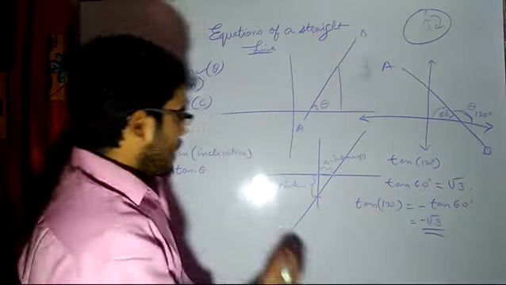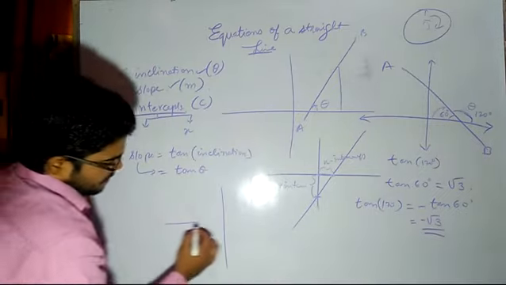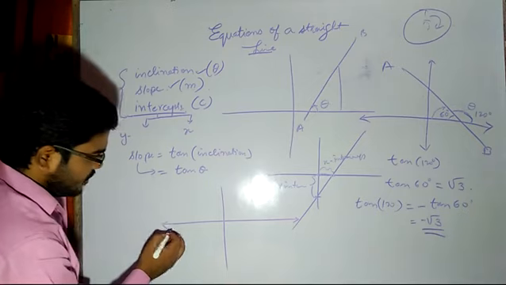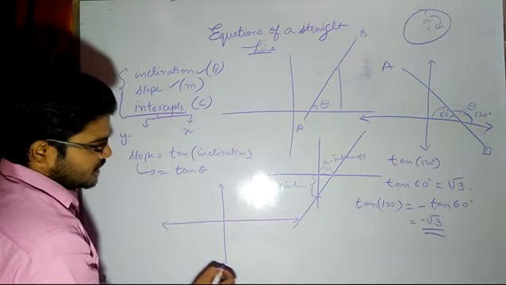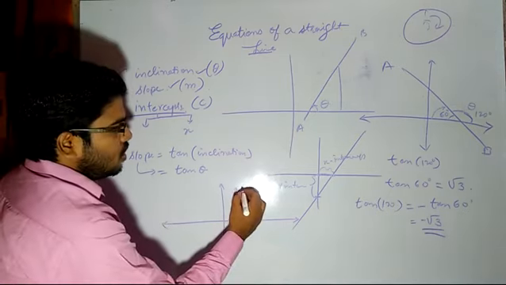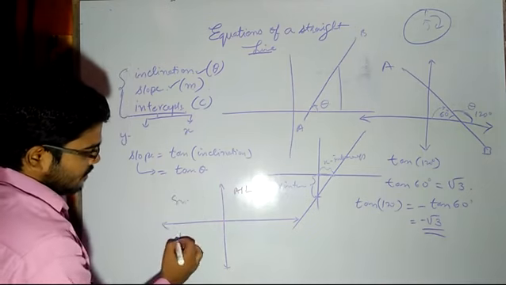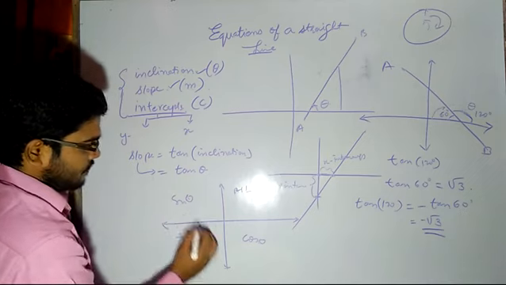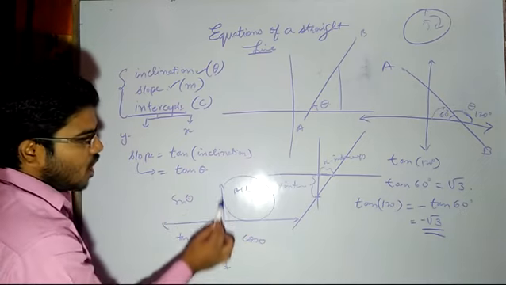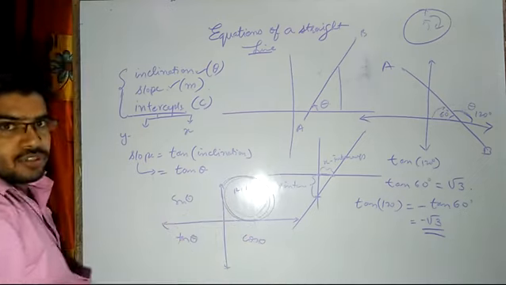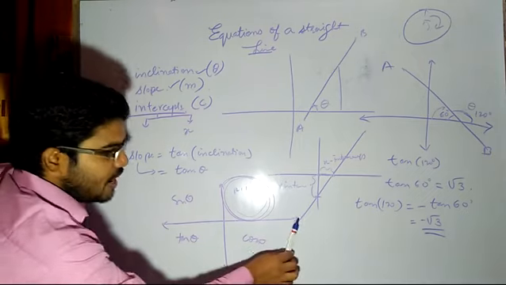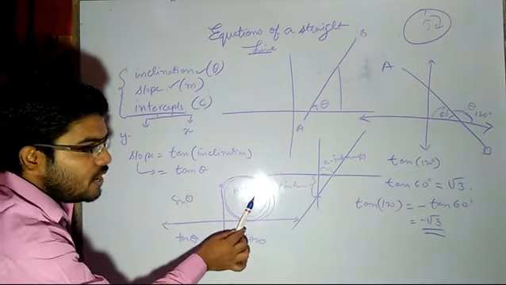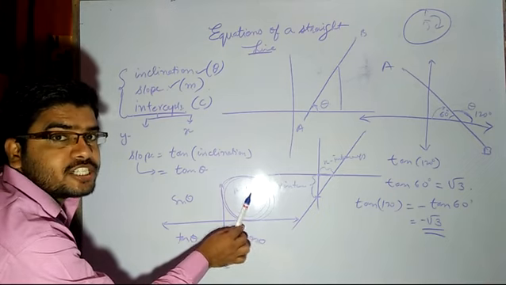As you may be remembering, in trigonometry we have seen "all sine tan cos". That means whatever the value, all the trigonometric functions in the first quadrant will always remain positive.